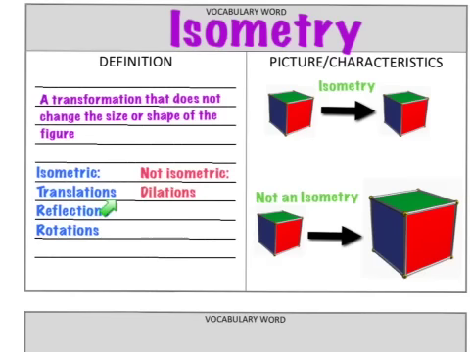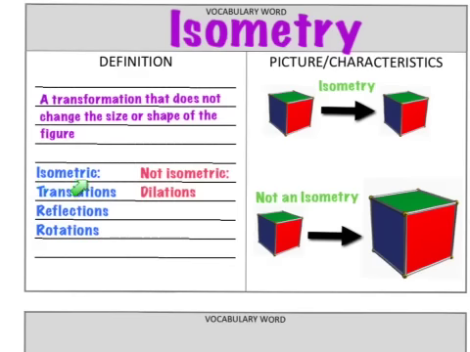So translations, that slides the image or figure around. So if you slide something, it stays the same size and shape. If you reflect something, you look in the mirror, the size doesn't change, the shape doesn't change. So reflection is isometric. And a rotation, if you take something and twirl it around, turn it around, it doesn't change size or shape.